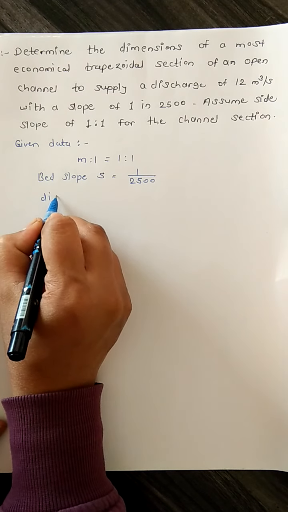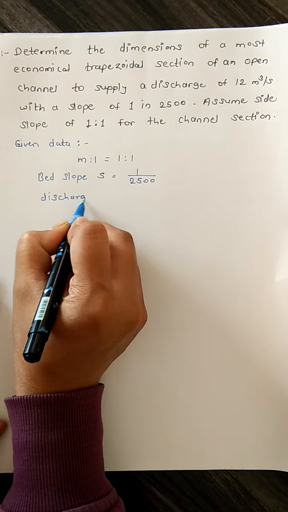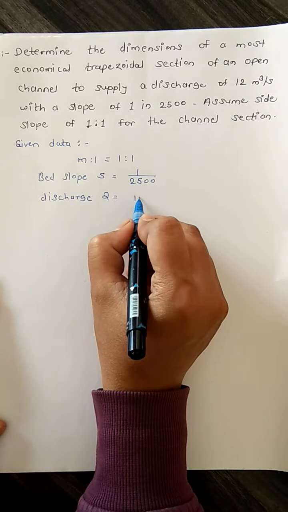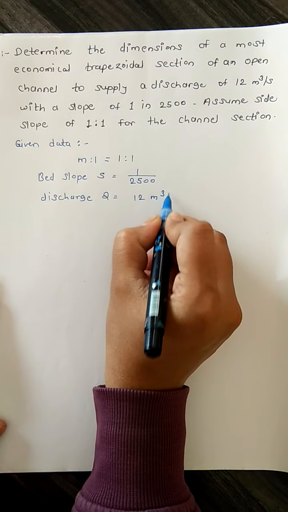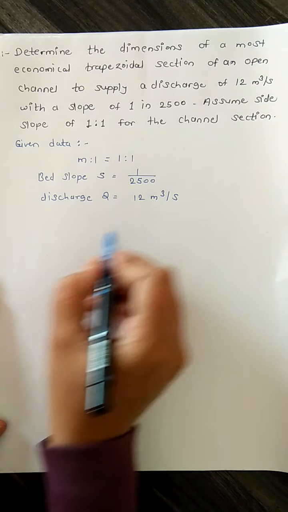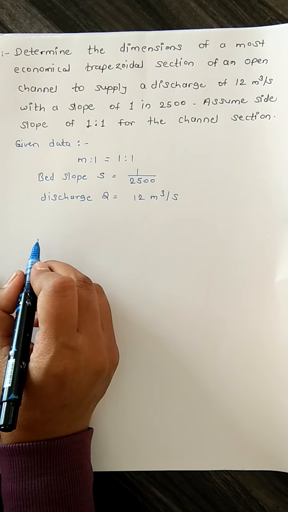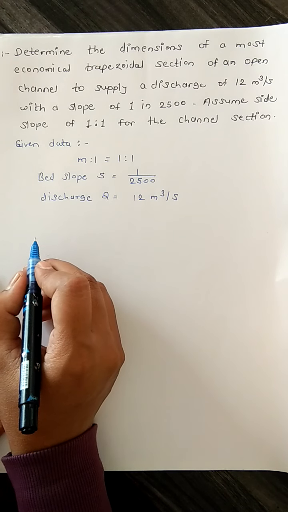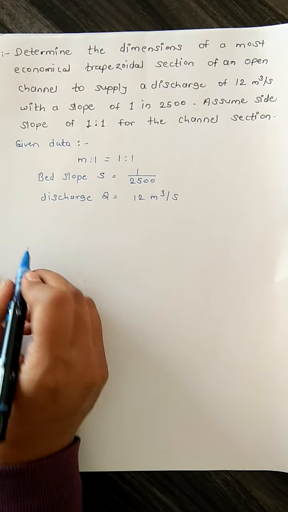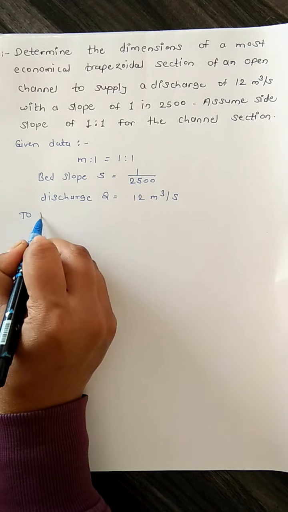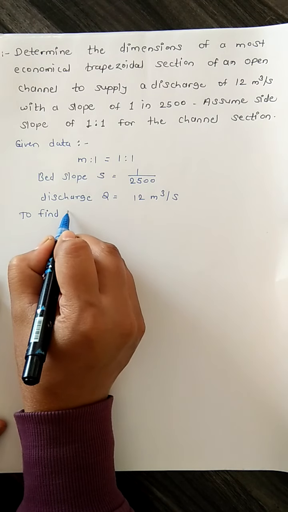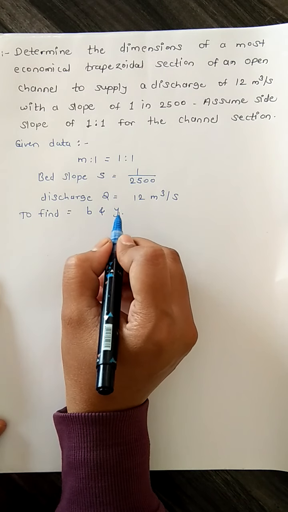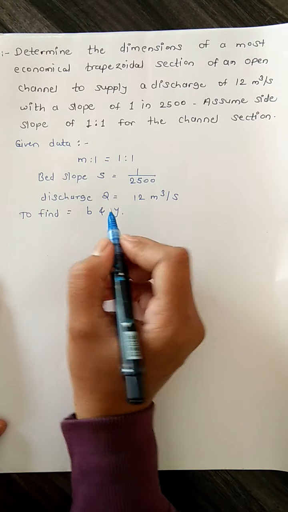Discharge is also given, which is denoted as capital Q, 12 meter cube per second. Now we have to find B and Y, that is, the dimensions of the most economical trapezoidal section. So we write here to find B and Y. These are the dimensions of the trapezoidal section.